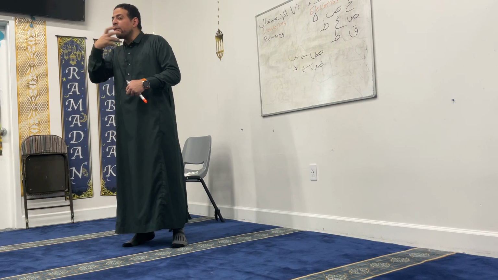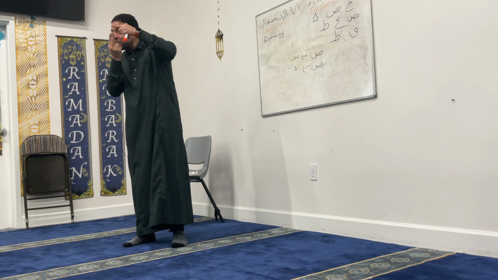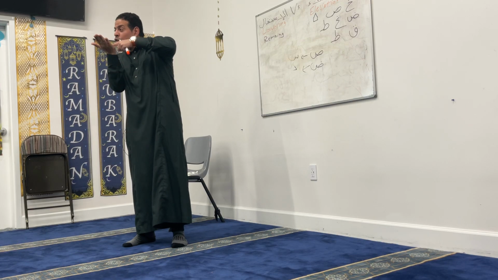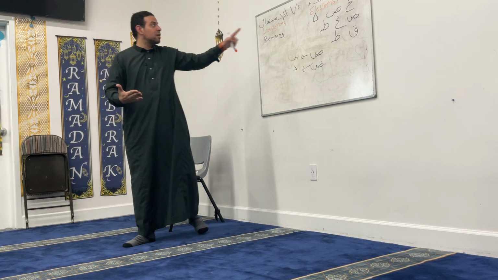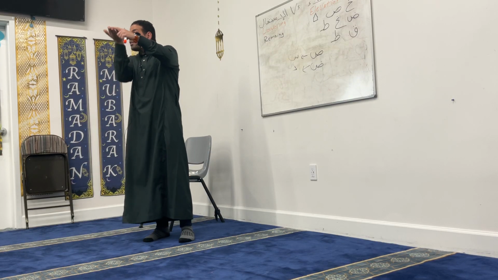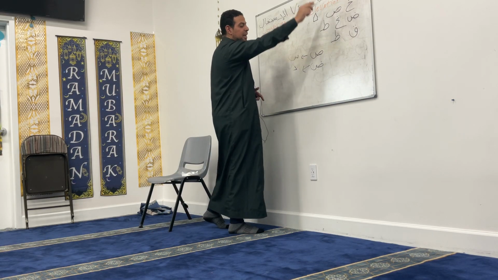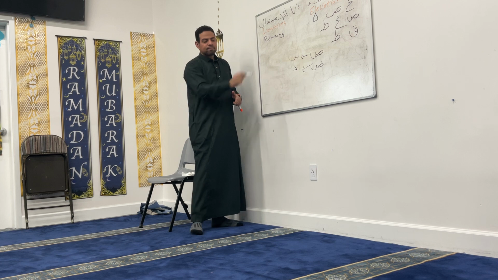For the letter dal, we just need the tip to stay above, but the rest of your tongue will be down, lowering. Istifal. Dal, dal, dal. So ba is istila, dal is istifal.